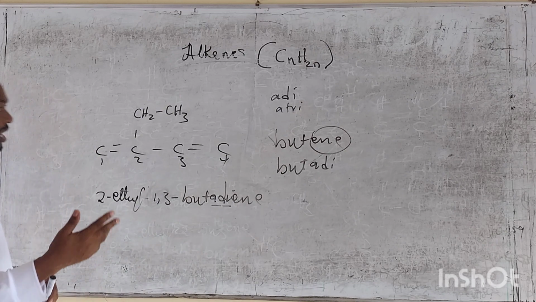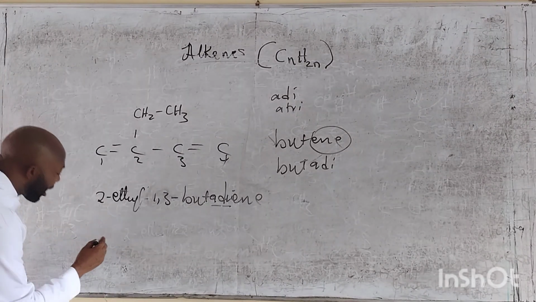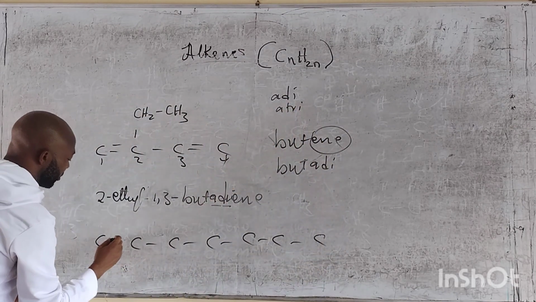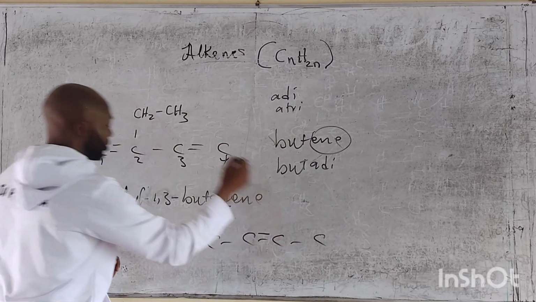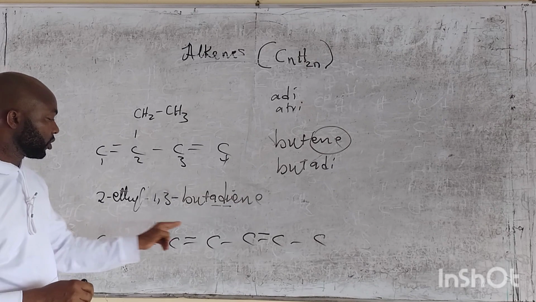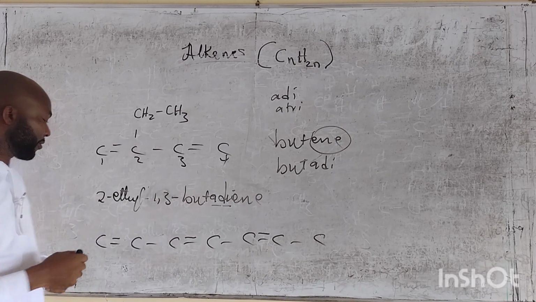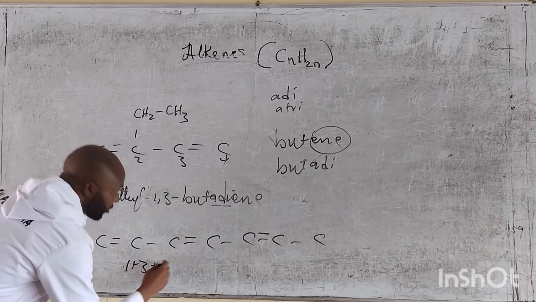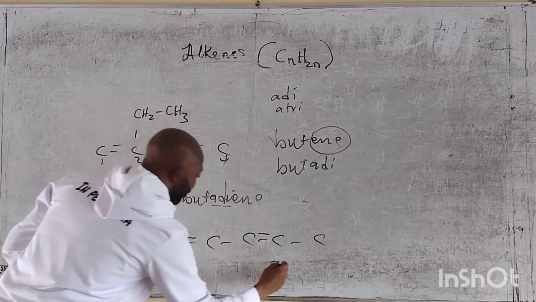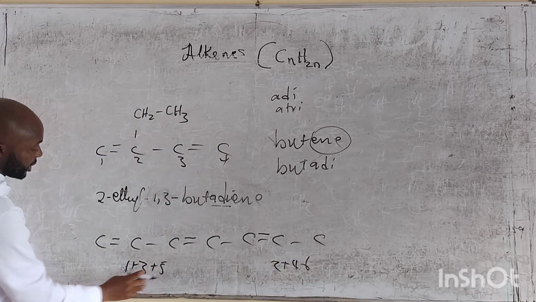So let's take another practical example and see how the di and the tri can work. If I have 1, 2, 3, 4, 5, 6, 7 carbons with a double bond, double bond, double bond, I start from this side.